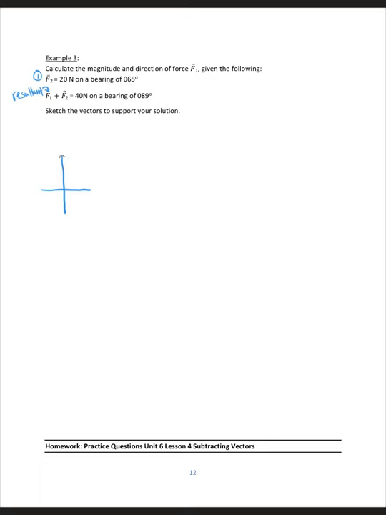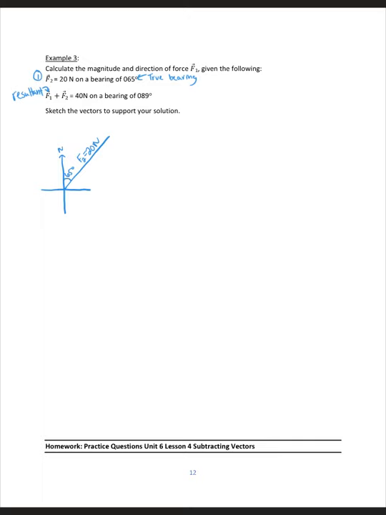So remember, a true bearing, and I know it's a true bearing because it has 3 digits, always starts from the north part of our compass. So if we were to draw 65 degrees, go something like this. This would be 65 degrees in there. Okay, and this is our force 2, which was 20 newtons.